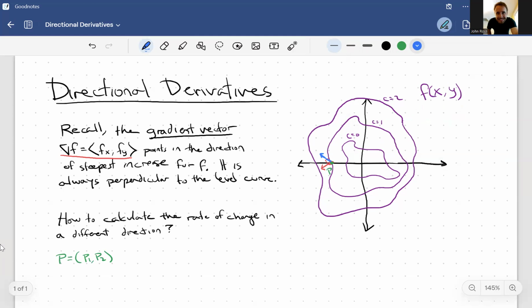Really, this is just drawn arbitrarily. This could be any vector, but it is going to be a unit vector. So let me call it vector u. And down here, where I'm recording my information, vector u is going to be a unit vector indicating the direction that we care about. So vector u could be the vector u1, u2.